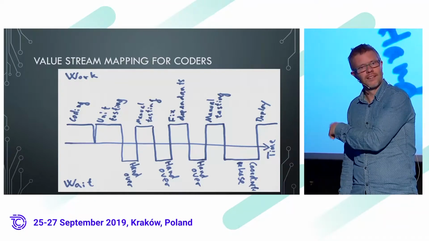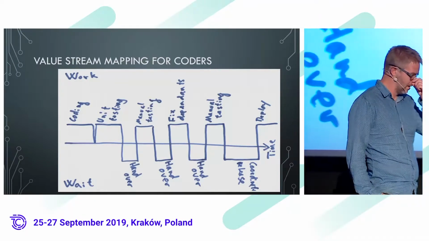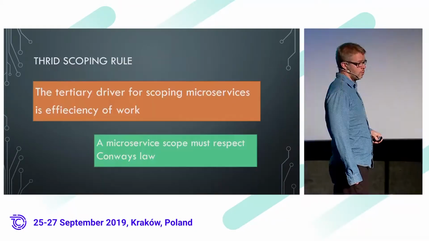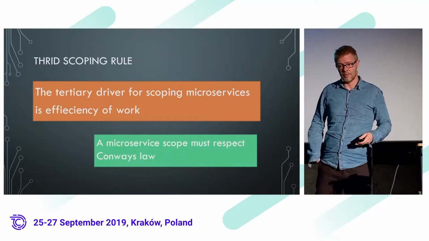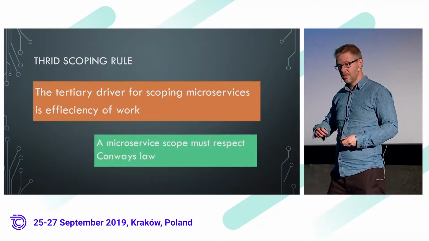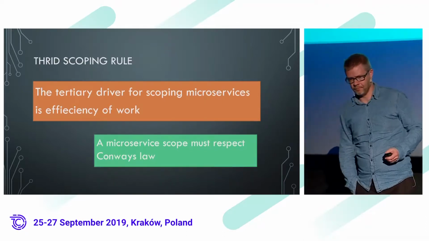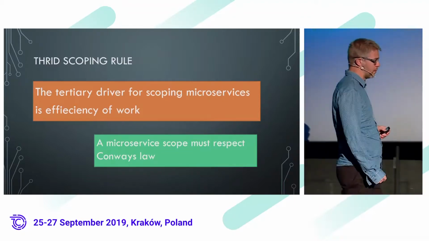This is not quick. This is waiting, and it's just not quick. So we do really want to respect that people should be able to work efficiently and keep that in mind as well when we find scopes for microservices.